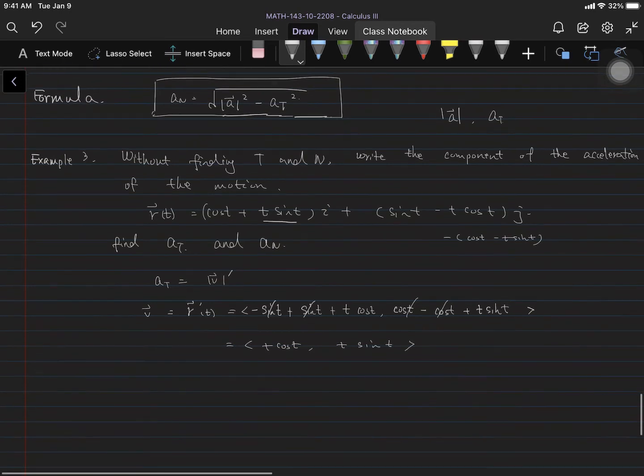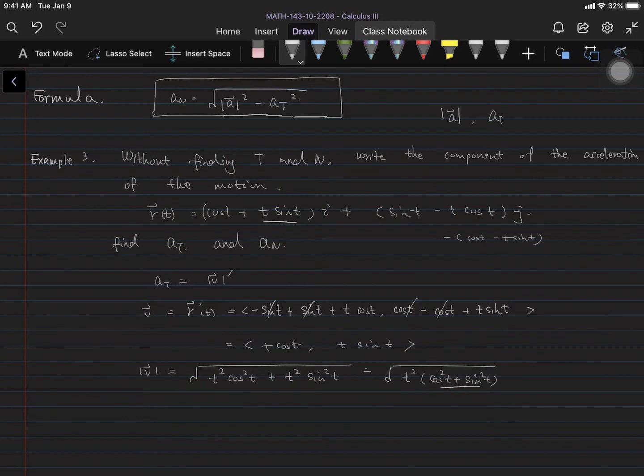This is the v vector. Now let's find the length of the v vector. The length should be the root of t squared cosine squared t plus t squared sine squared t. If we combine them, you can see t squared times cosine squared plus sine squared, which is 1. So this is the root of t squared, which is just t.